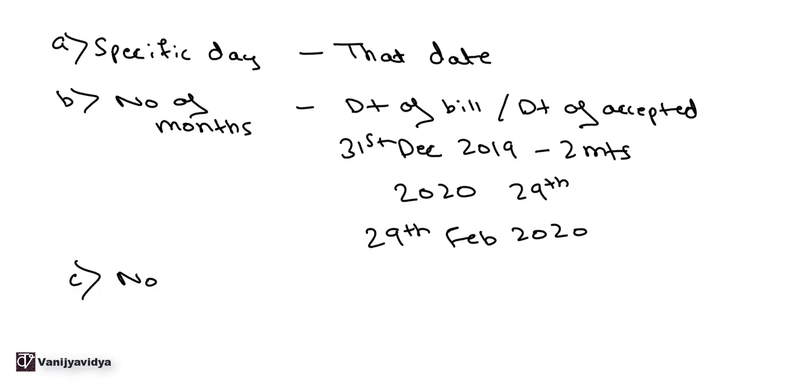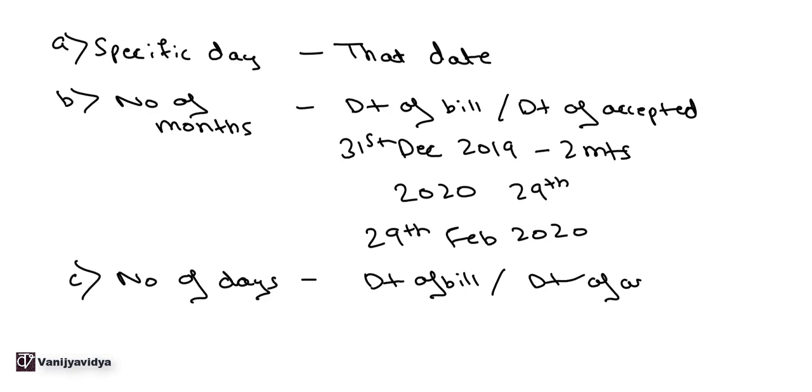Next, number of days. When a specific number of days is mentioned in the bill, we add those number of days to either the date of bill in case of after date, or the date when it is accepted in case of bill after sight.